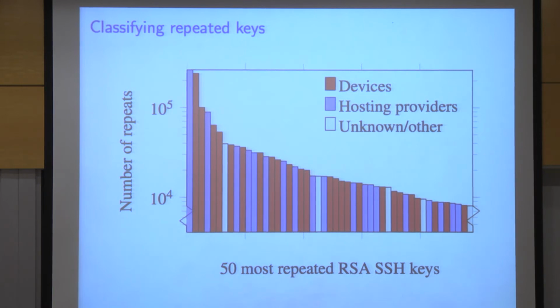And then there's a very small number of keys that are highly repeated that don't fall into one of these explanations. So in this plot, the most commonly repeated SSH key was a hosting provider. It was served on about 200,000 IP addresses belonging to the hosting provider Verio.